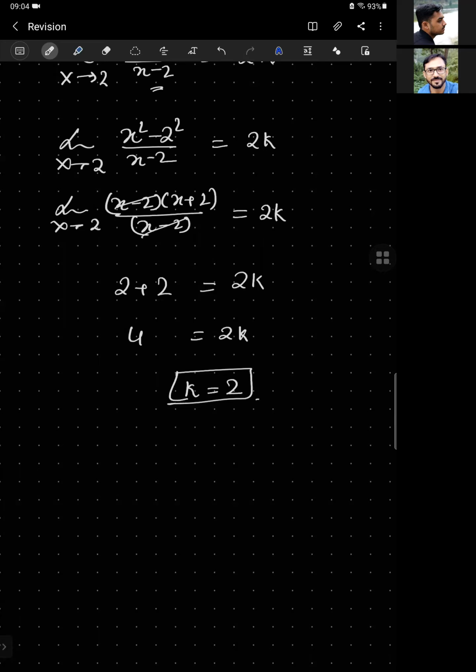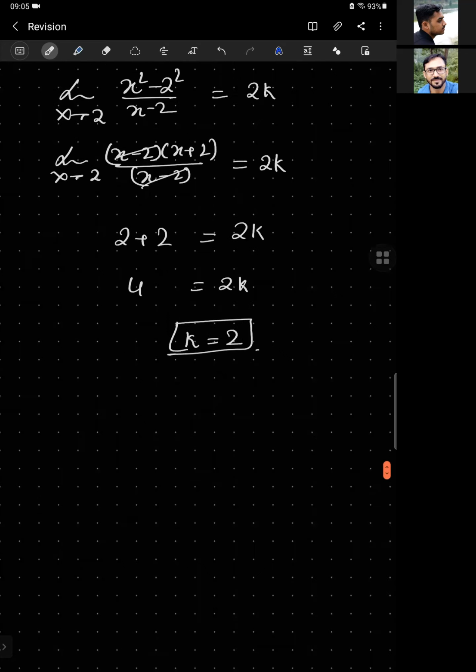So next question I'm taking. Now see, the question is given: f(x) equals sin x upon x plus cos x, when x is not equal to 0, and 2 when x equals 0.